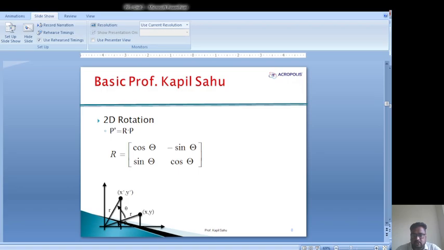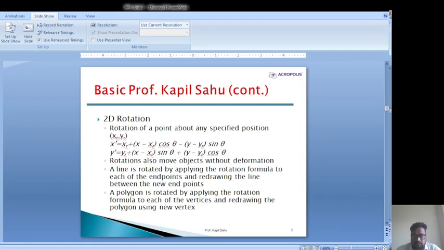This is the basic matrix, or we can say the rotation matrix for the rotation, where P' as I initially told you is the new coordinate matrix, R will represent the rotation matrix and P will represent the old coordinate matrix. If we multiply all the matrices, then we will be able to get the straight equations for the rotation.